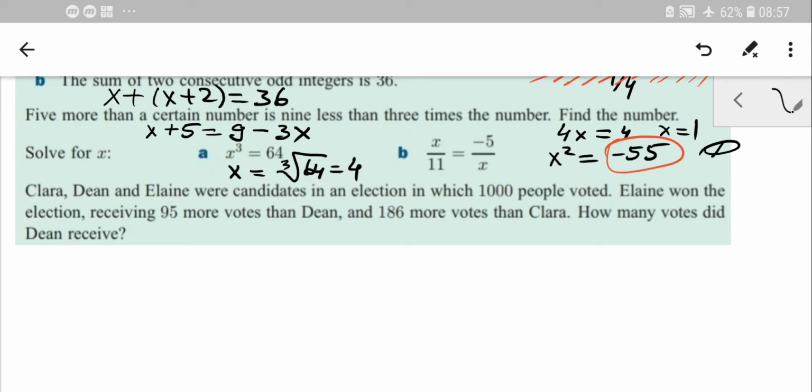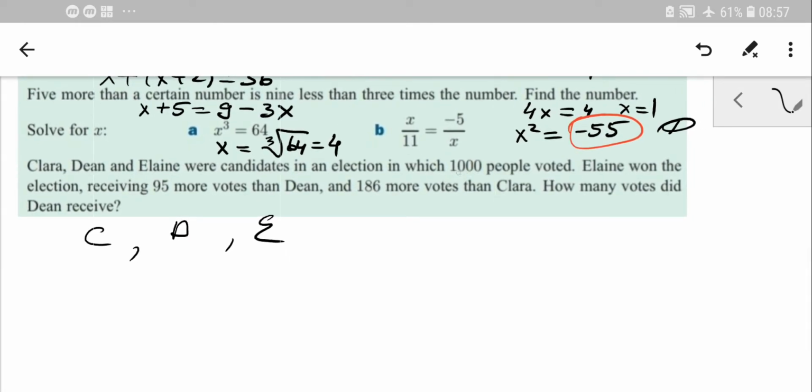And the last problem is a word problem. Clara, Dean, and Elaine were candidates in an election in which 1,000 people voted. Elaine won the election, receiving 90 more votes than Dean. This is about how we use 3 variables: C for Clara, D for Dean, and E for Elaine. What we know is that in total 1,000 people voted. Elaine received 90 more votes than Dean, so Elaine is Dean plus 90, and 186 more than Clara.